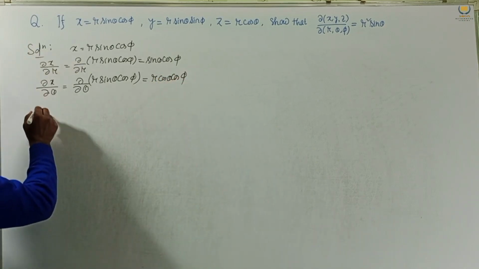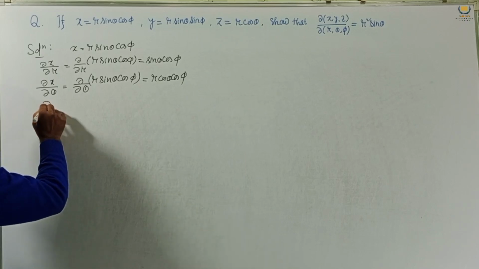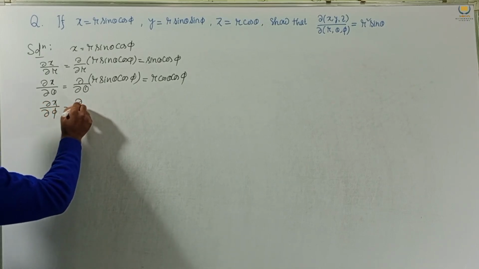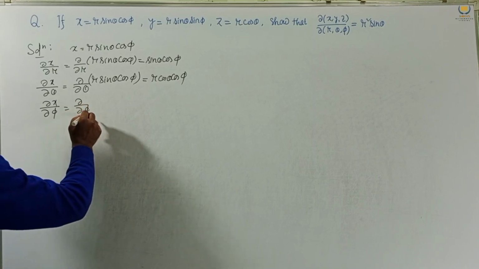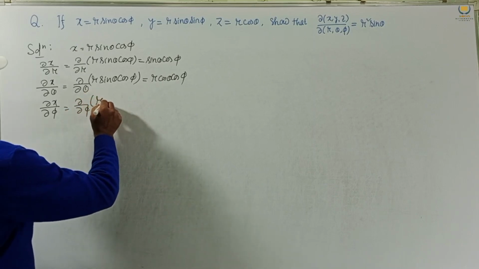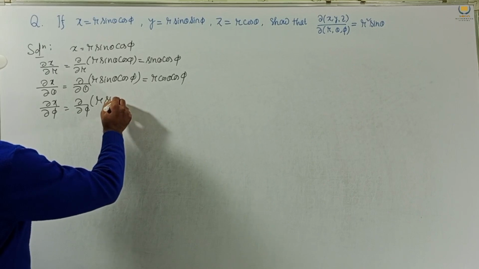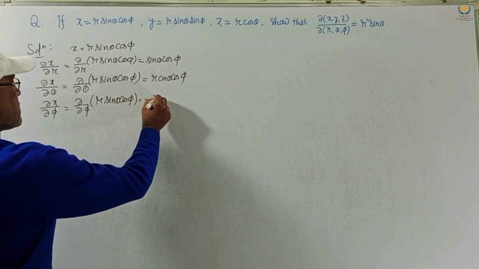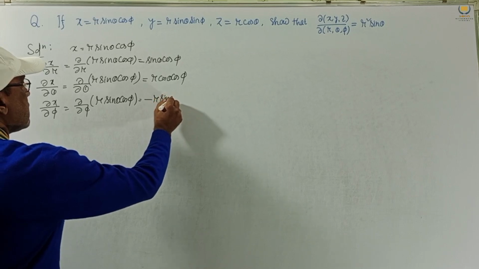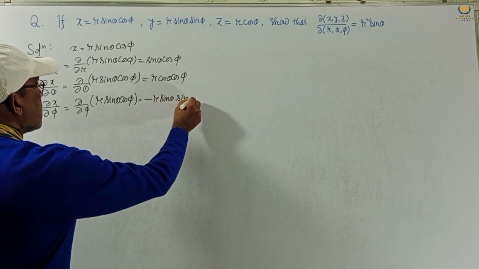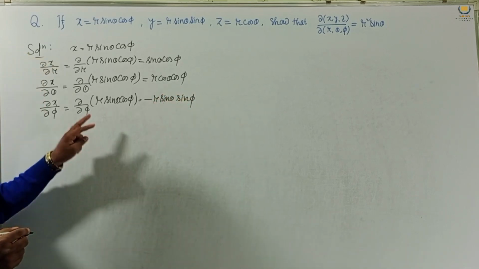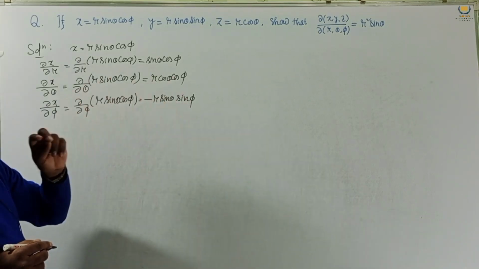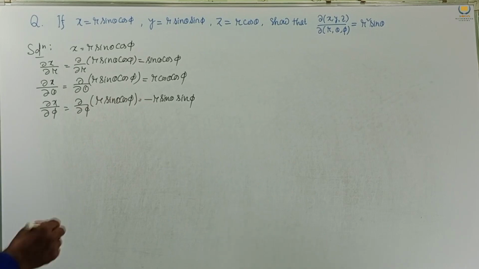Next, del x by del phi: r sin theta times the derivative of cos phi, which is minus sin phi, so we get minus r sin theta sin phi.